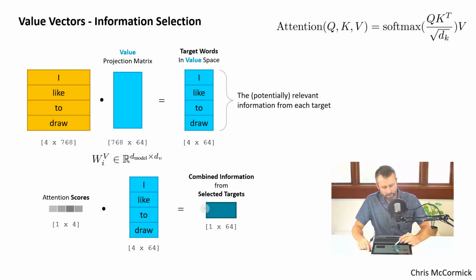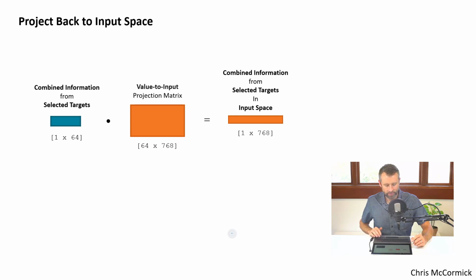With that, we've got the information from the target vectors, and we want to add that now to the input embedding. However, we are down in the value space at length 64. And if we want to add this information back into the input embedding, we need to get back up to length 768. So we've got one final matrix multiplication step here.